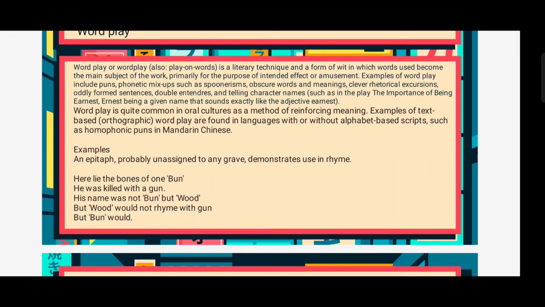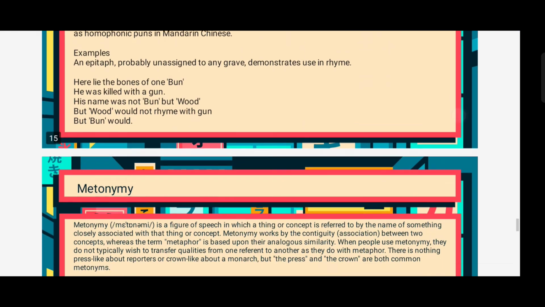An epitaph, probably unassigned to any grave, demonstrates use in rhyme. Here lie the bones of one Ben, who was killed with a gun. His name was not Ben, but Wood. But Wood wouldn't rhyme with gun, but Ben would.